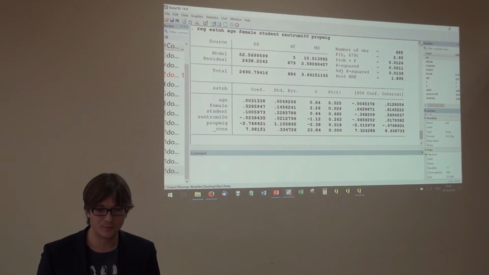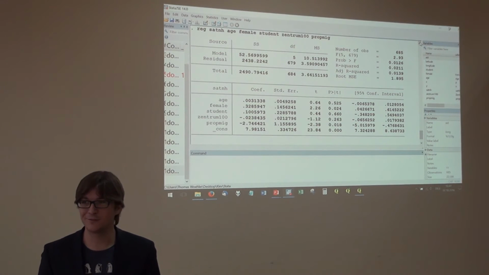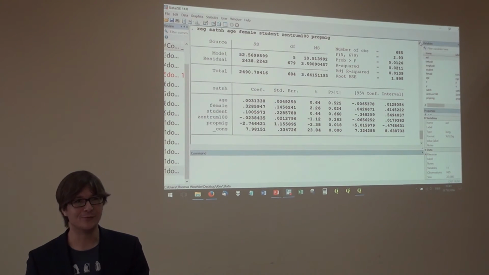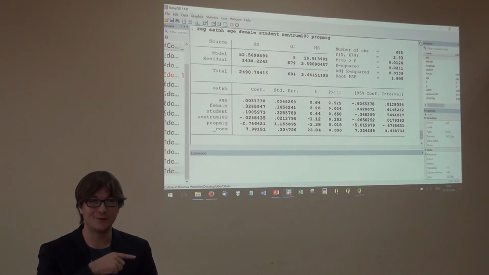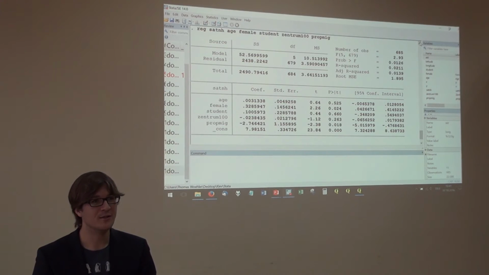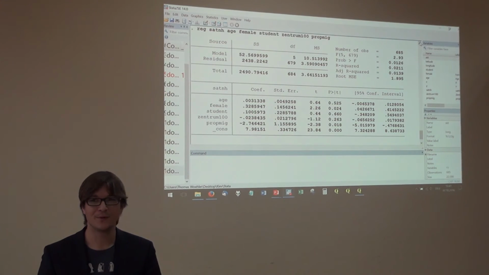And what would you say? Disappointing. There's a negative effect of the proportion of migrants on the satisfaction with the neighborhood. So when our respondents live in a neighborhood where there are a lot of migrants, then they are not as satisfied with the neighborhood compared to when they would be living in a neighborhood with fewer migrants.